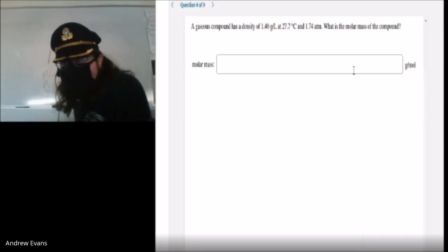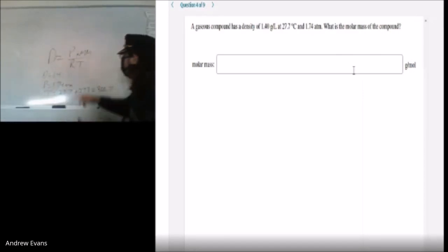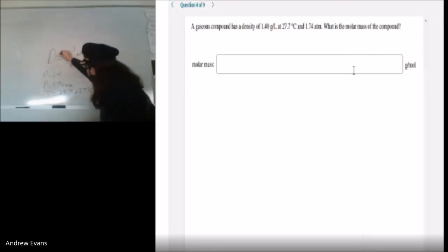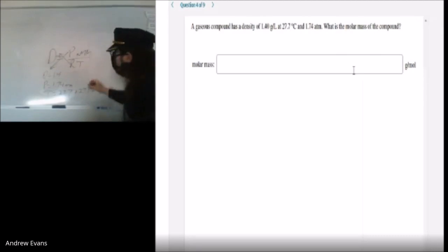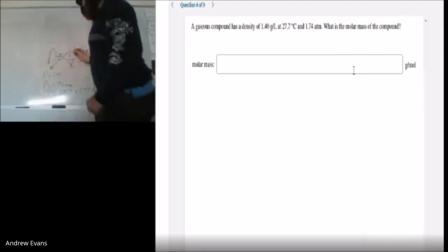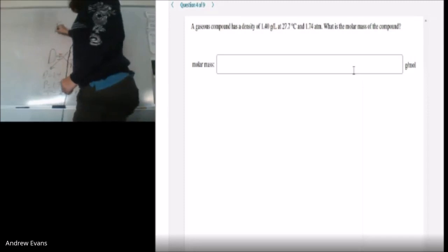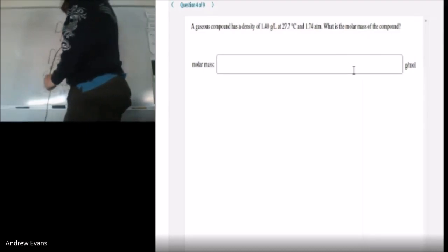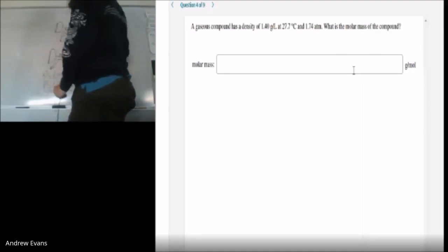So what is the molar mass of this compound? We are just going to plug these in. Now keep in mind, since we have to solve for molar mass, we have to get RT on the other side and P on the other side. So we're going to get the bottom to the top on that side, the top to the bottom on that side. Rearranging that equation, it looks like this: density times RT over pressure gives us the molar mass.